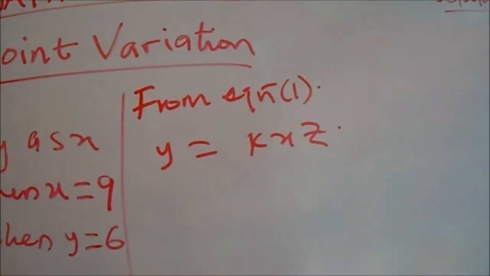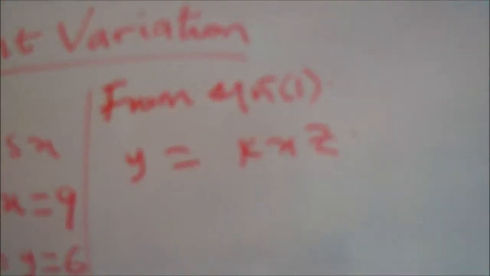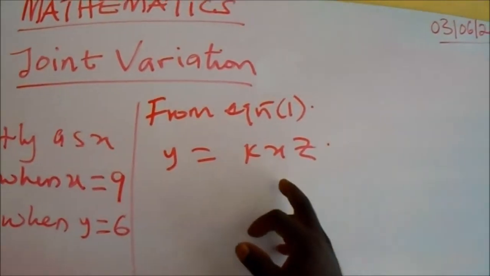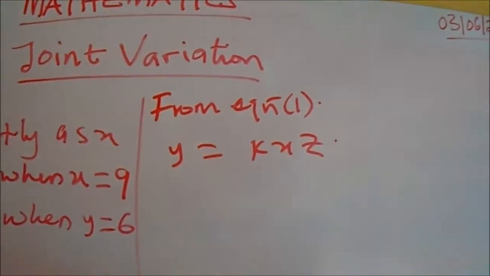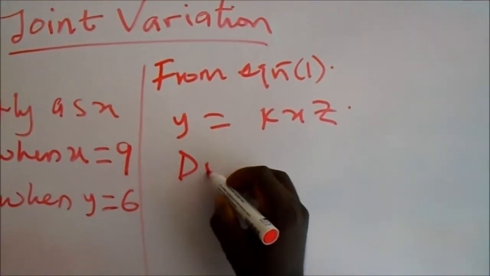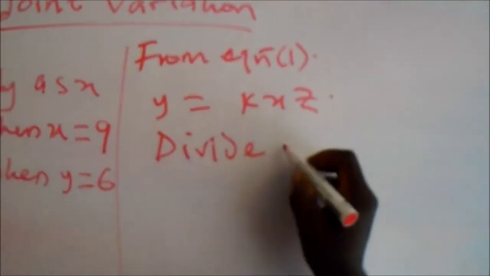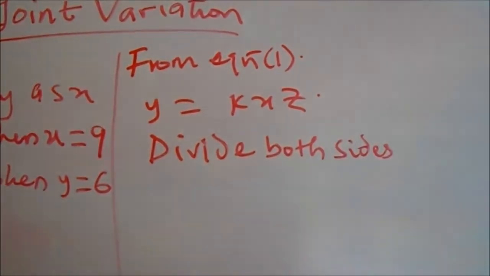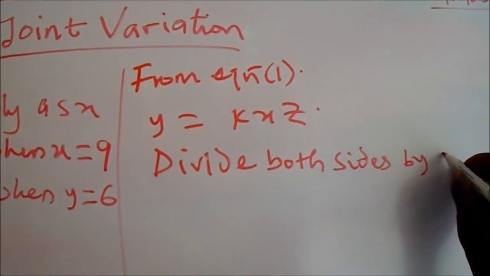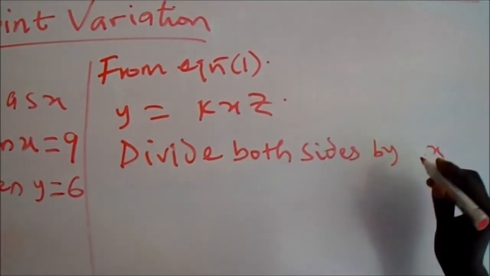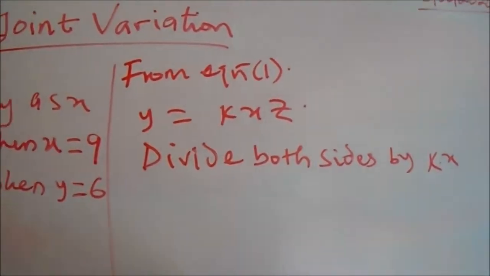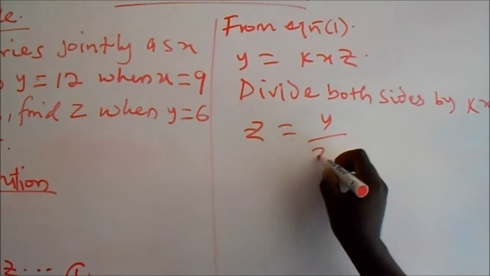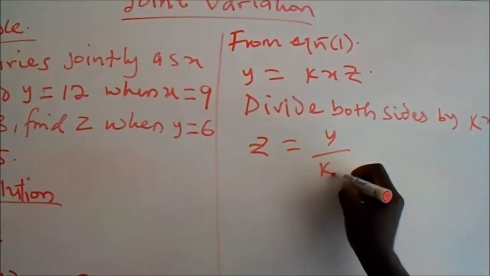Since we are looking for the value of z, we divide both sides by kx. So z will be equal to y divided by kx.